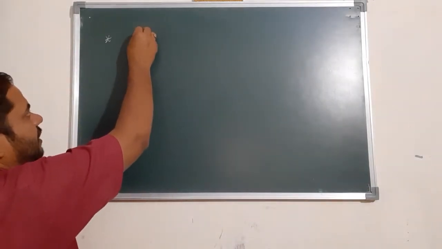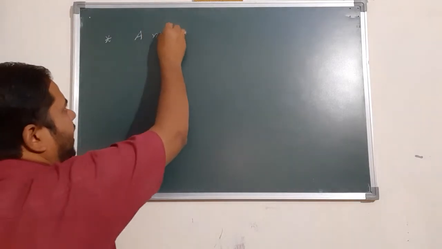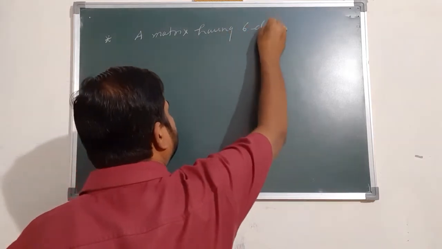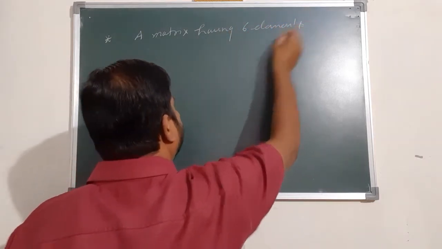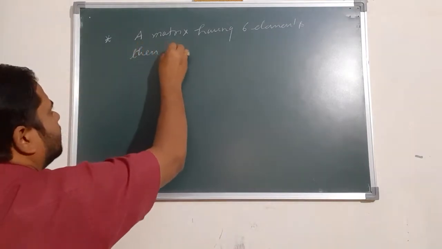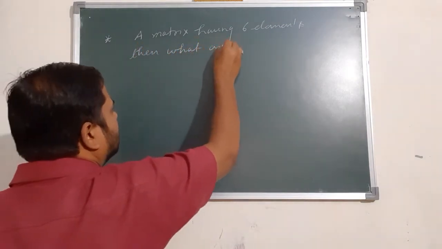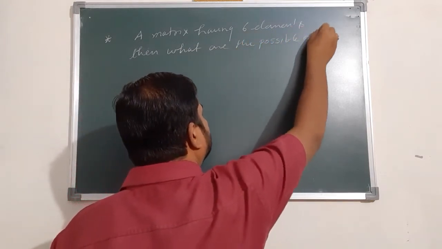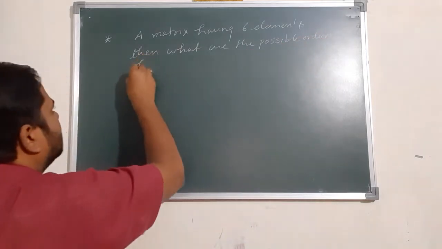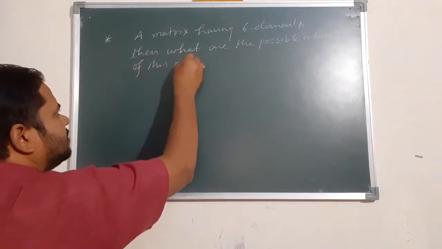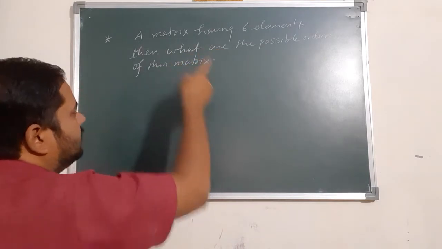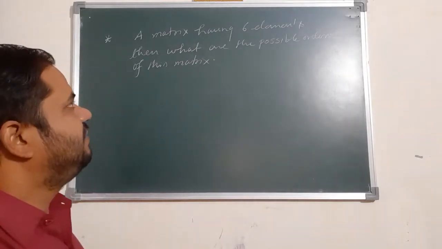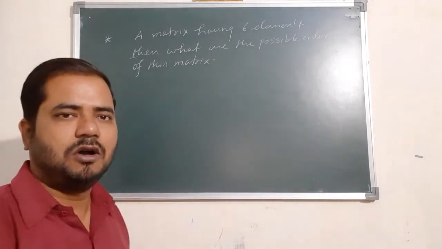A matrix having 6 elements, then what are the possible orders of this matrix? Maybe asked many times in the board. If a matrix has 6 elements, then what are the possible orders?